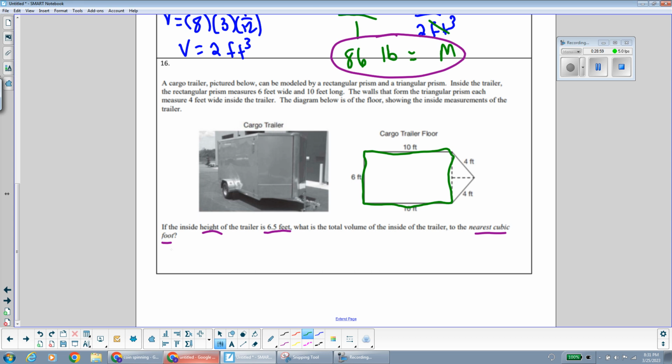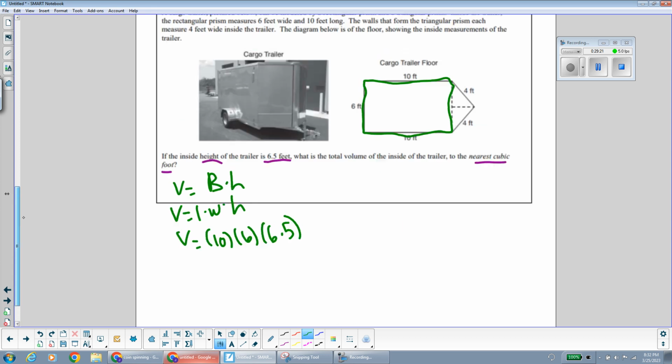So remember, the volume of anything can be found by area of the base times the height. If the base here is a rectangle, that would be length times width times the height of that whole part of the trailer. So the length and the width are 10 and 6, and the height throughout the whole trailer is 6.5. So let me put this into my calculator.